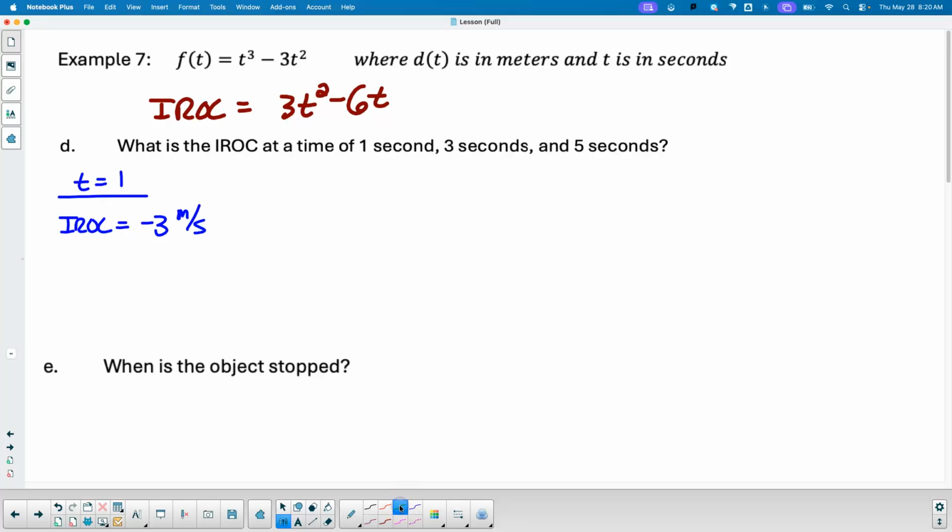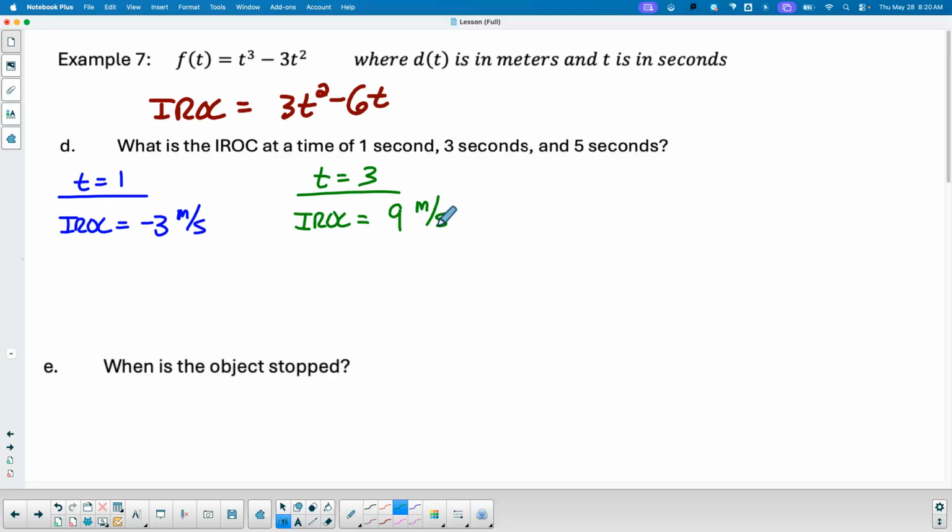Then let's find t equals 3. Nine. Which means what?